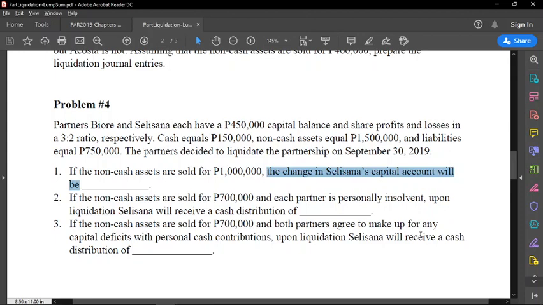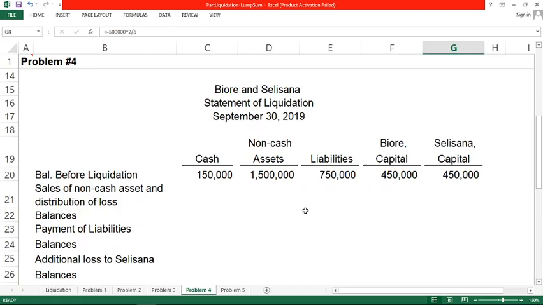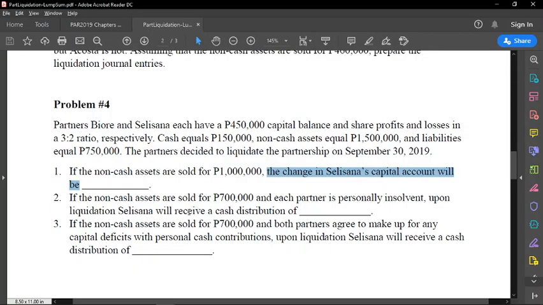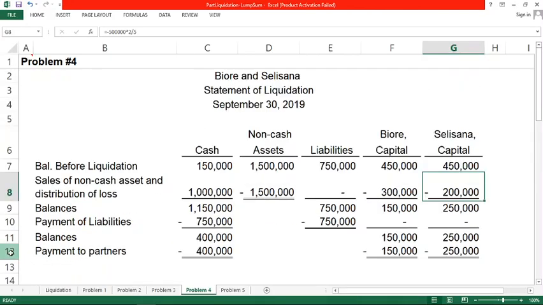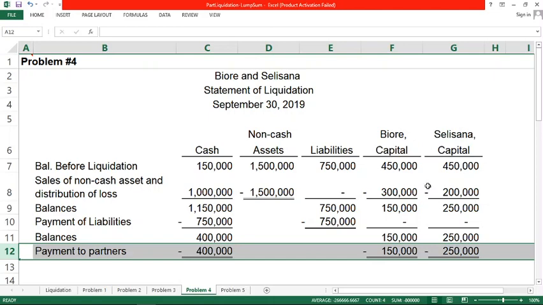Just like in problem number 3, if the negative balance partner cannot contribute, the other partners with positive balances will absorb it. Okay? So if that's the case, upon liquidation, Celisana will receive a cash distribution of blank. So this time, they asked about the final distribution. So that means we need to reach that point.